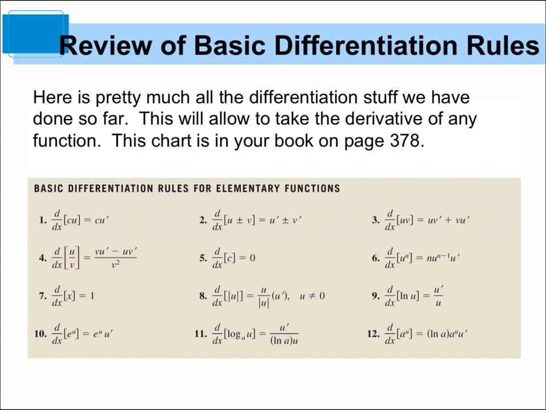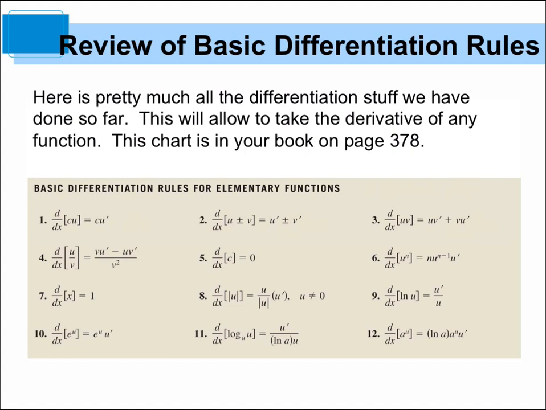What's the other name for number 6? Power rule. How about number 2? Anything fancy going on there? No, it's what we use to take the derivative of x squared plus 3x minus 2. Take the derivative of each individual part.